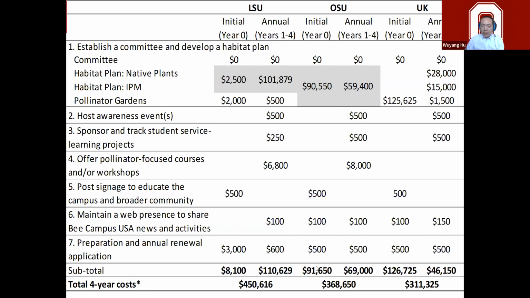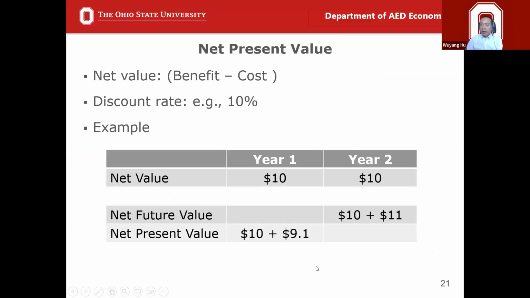Now, the final step of our analysis is to do a cost-benefit or benefit-cost analysis. I kind of switch back and forth. I'll give a quick example of what I mean by discounting, future value, present value, all that kind of deal. Let's say in year 1, you receive $10. Year 2, you also receive $10.